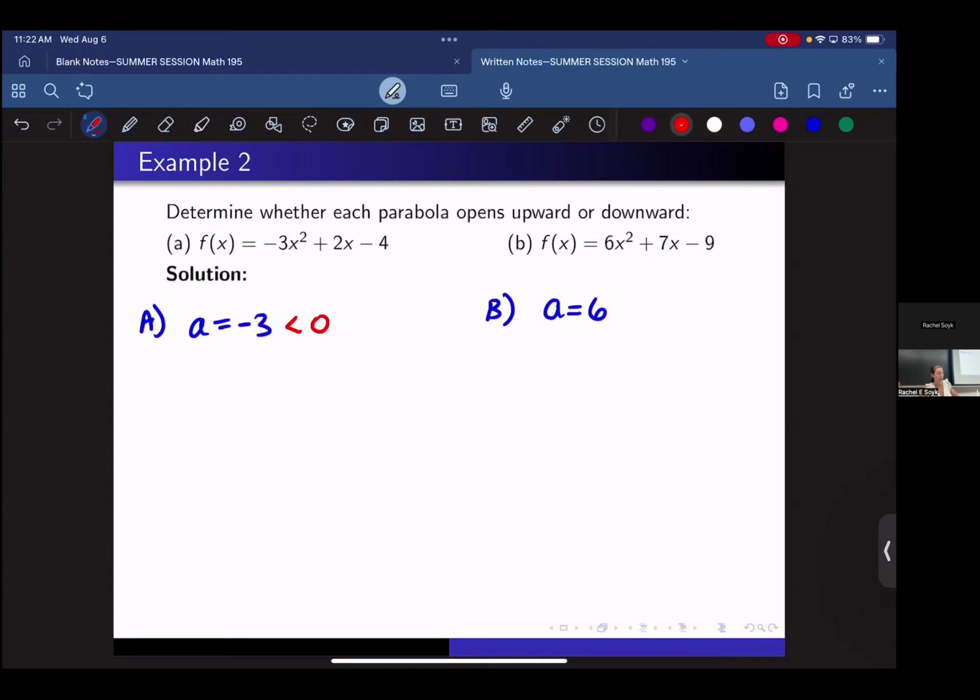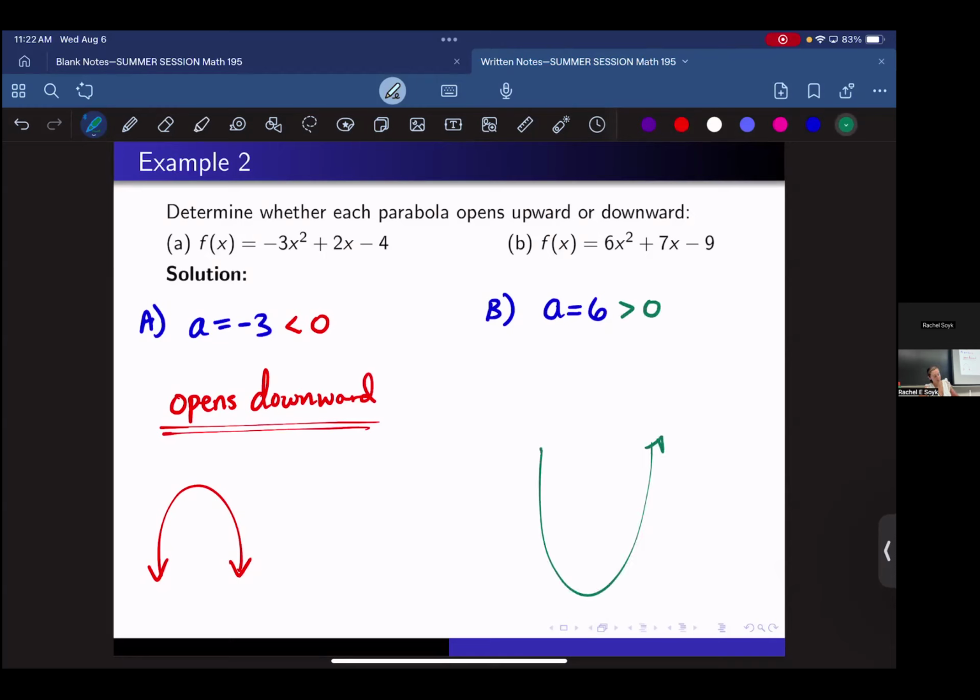It's negative, so it opens, remember, it's upside down, downward. Is 6 positive or negative? Positive, so it opens upward.